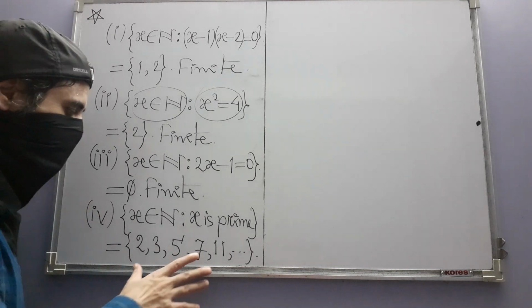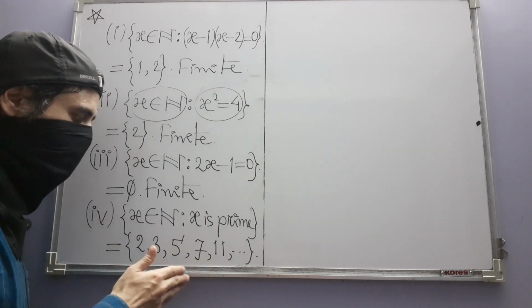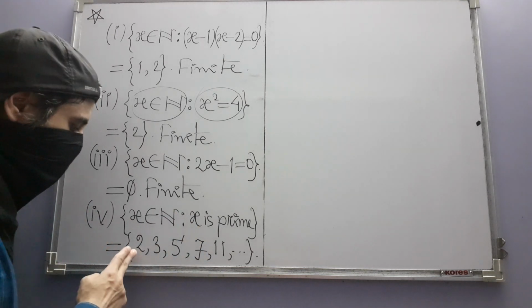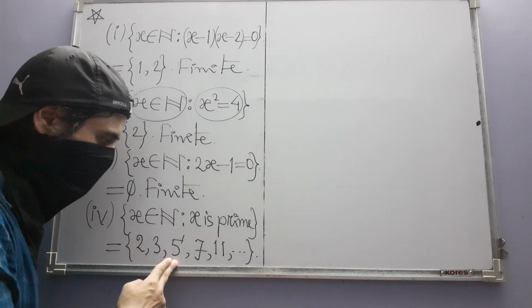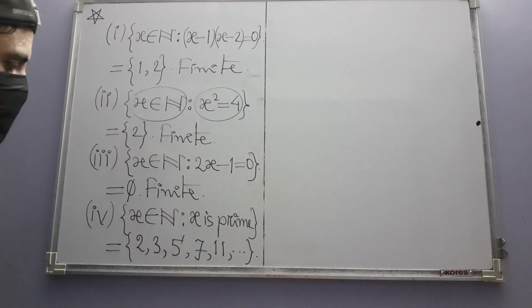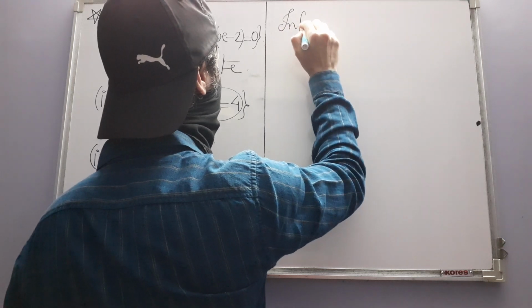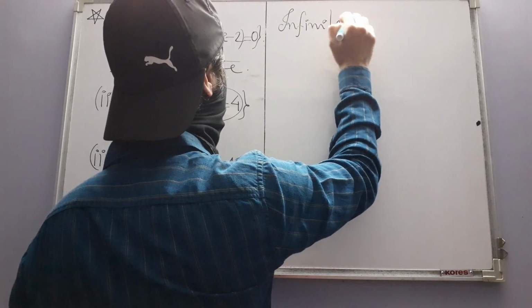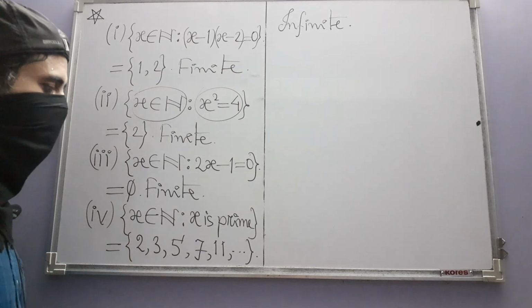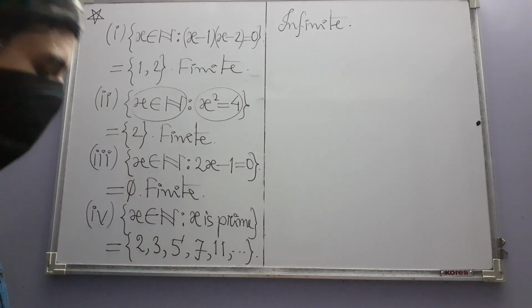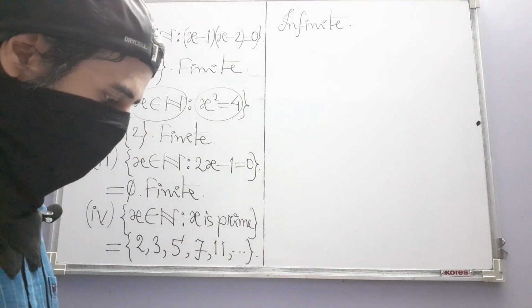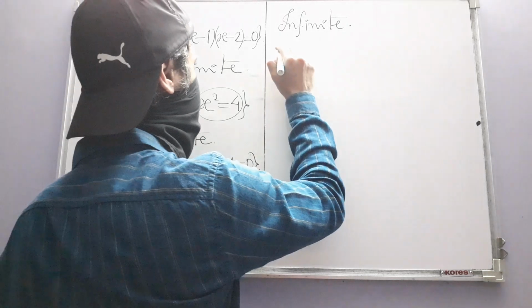But the fact is that there are infinitely many, and so this is an infinite set, because if you start counting, the process never stops. So this is an infinite set, and as such the number of elements in it is also infinite. And there is one more.